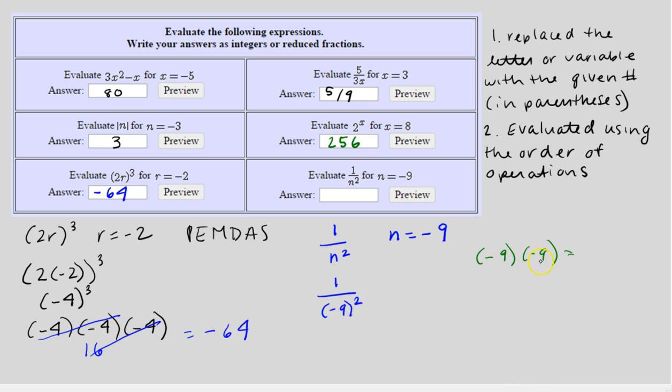Well, a negative times a negative is positive, and 9 times 9 is 81. So this equals 1 over 81. And notice that was the only operation we needed to perform, was the exponent in the denominator, and this fraction is simplified. So our final result is 1 over 81. And we're done.